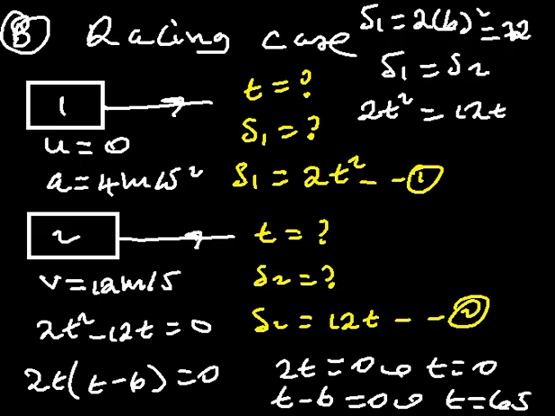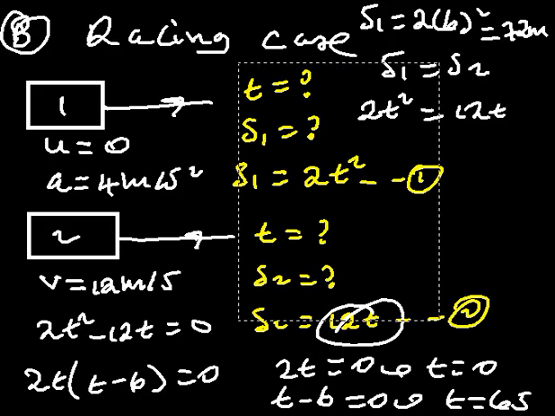That's the distance each object has to travel as they overtake each other. And likewise, you can also get the distance for S2 in the same way. Try that one.